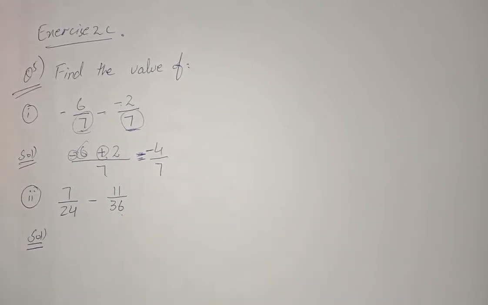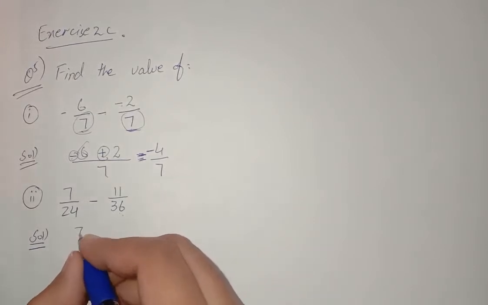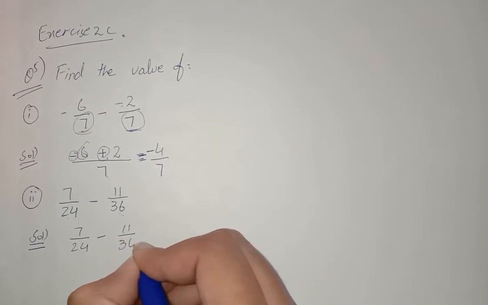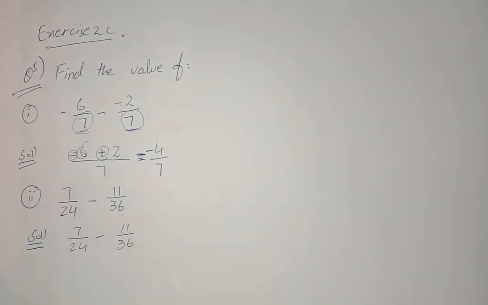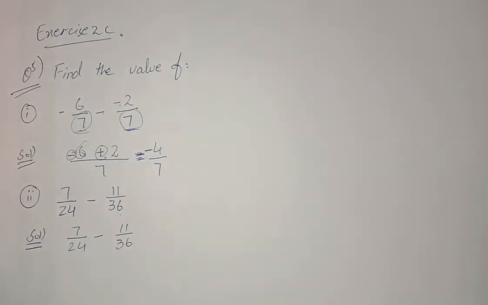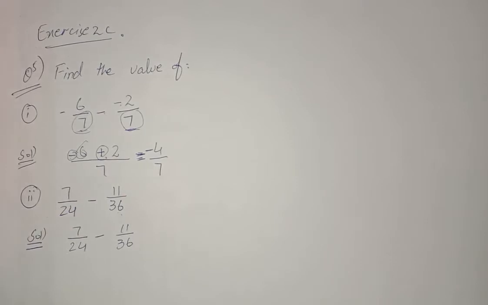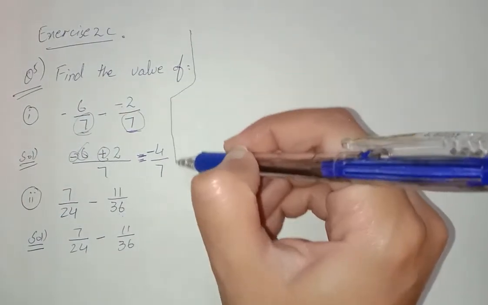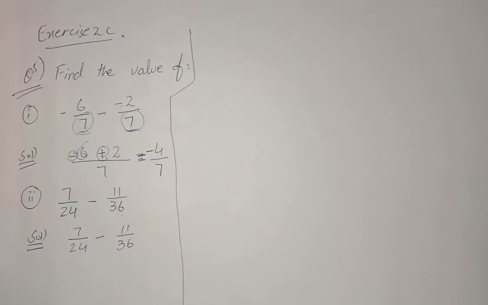The first method of solving this question is 7 by 24 minus 11 by 36. This method is long, but some students find this method easy and some students find the other method easy. So the first method is the butterfly method.